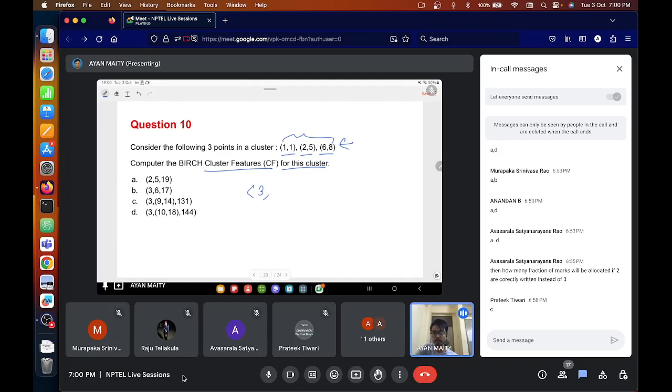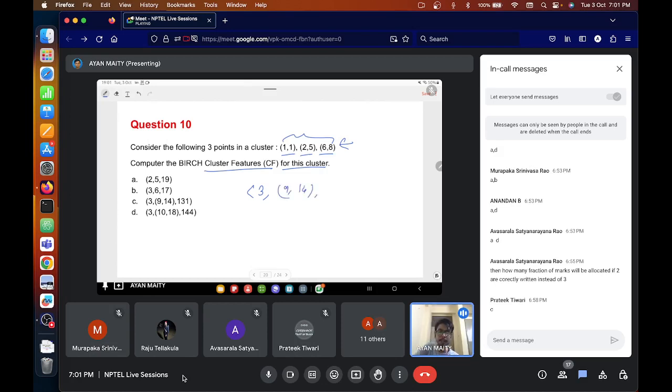You have to add these 3 points as vectors, so you have to find the vector sum. It would be 1 plus 2 plus 6, comma, 1 plus 5 plus 8. So it would be (9, 14).